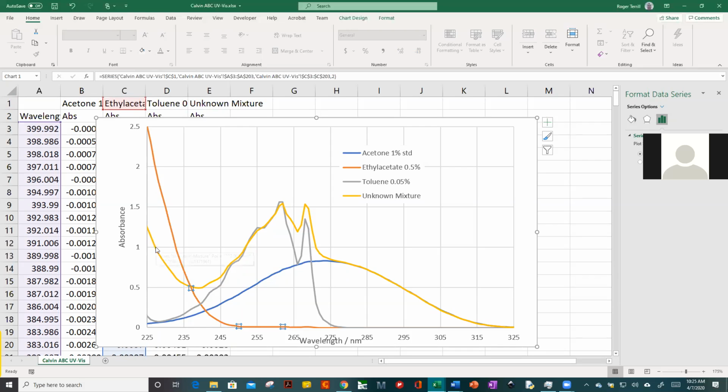So ethyl acetate is the most visible one compared to the other standards. So the ethyl acetate concentration is actually lower in the unknown because it's at a smaller absorbance than the ethyl acetate standard. Exactly right. Okay.